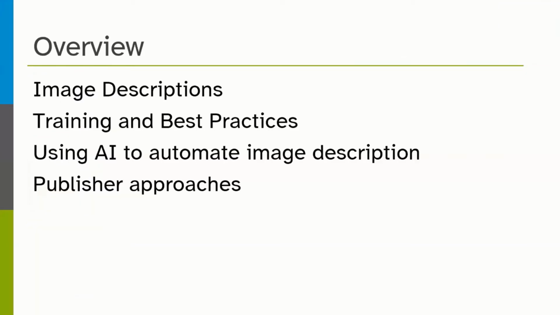So today we're going to be covering the basics of image descriptions for different publications, training and best practices, using AI to automate image description, and if we have time, we'll talk about publisher approaches to alternative text.